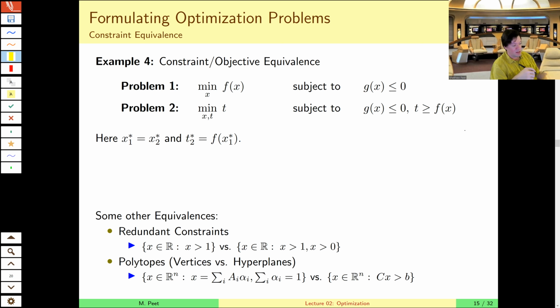An objective tells you which terms are optimal, and a constraint tells you which are feasible, but anything that's just feasible we have no other preference for. Well, that difference is a little bit fuzzy. And we can see that by looking at these two optimization problems here, which are also equivalent.